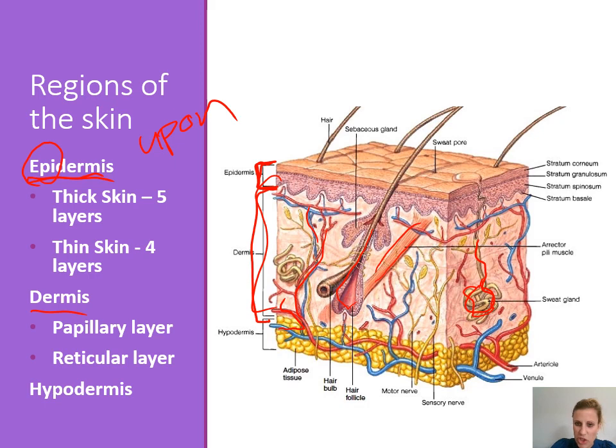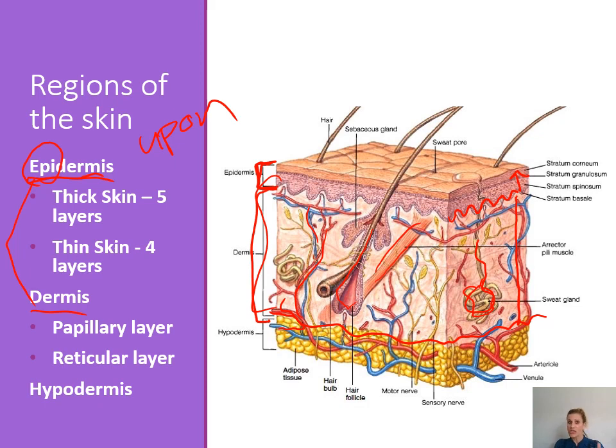So from this curvy line up, we have the epidermis. And then from that curvy line down to about here, we have the dermis. Technically, those two regions are the skin, or the cutaneous membrane.